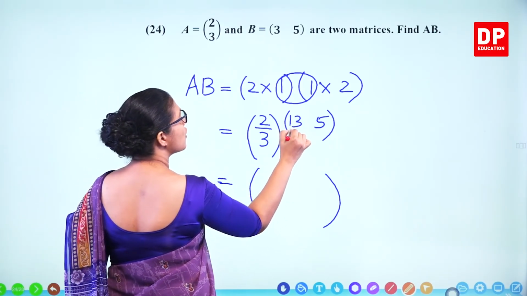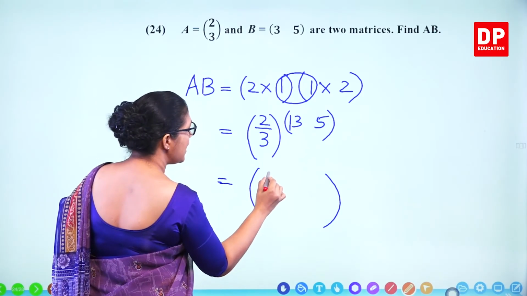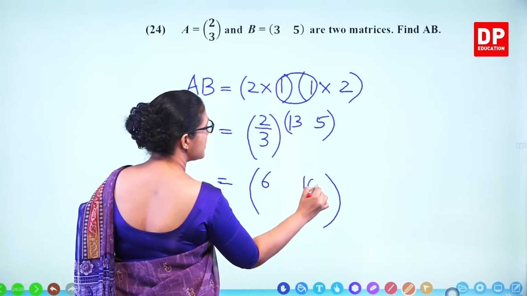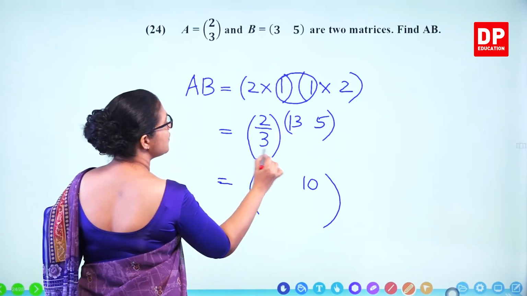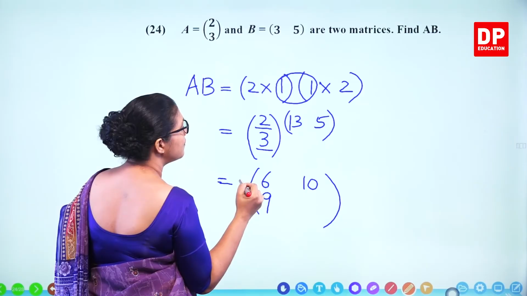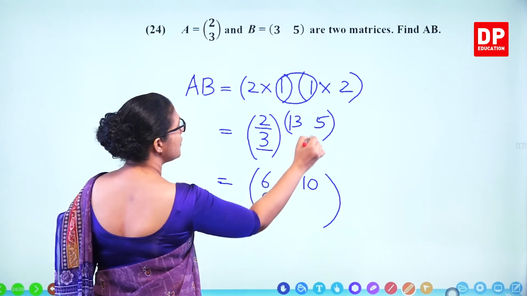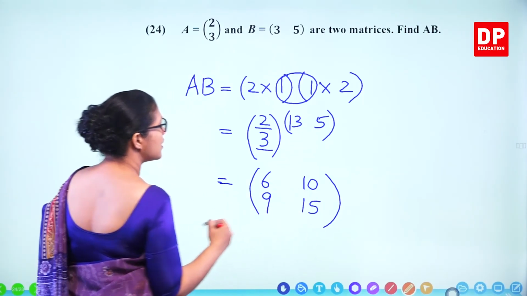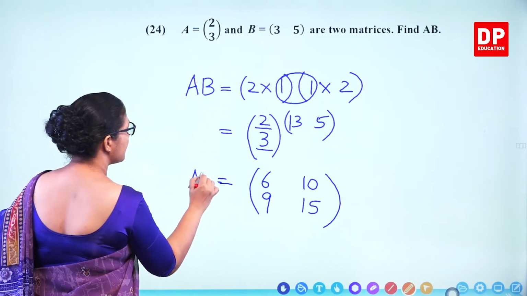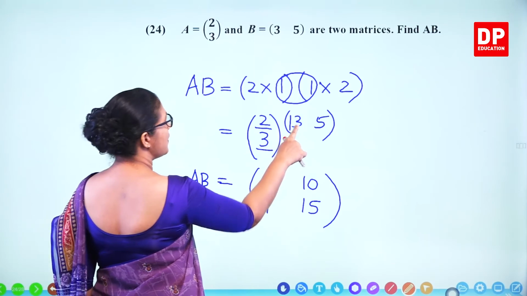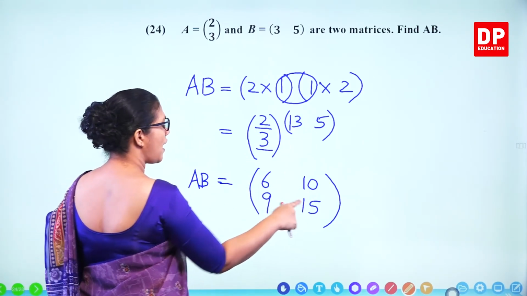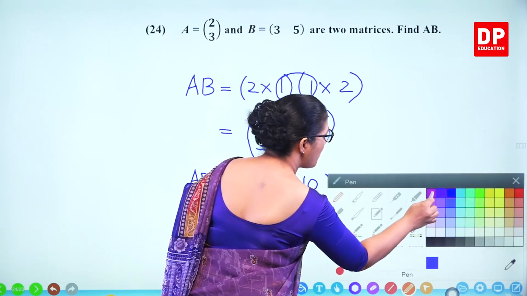First row with first column. 2 times 3, 6. This one with this, 2 times 5, 10. 2, then 3. 3 with 3, 9. 3 with 5, 15. So that's the AB matrix. 2 with 3, 6, 2 with 5, 10, 3 with 3, 9, 3 with 5, 15. So 2 marks for that.